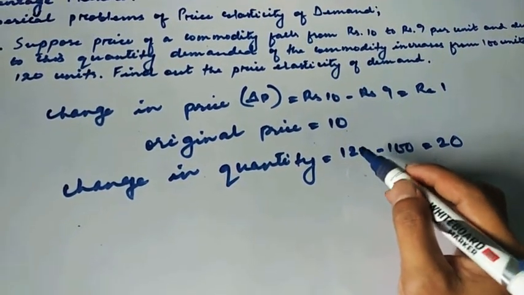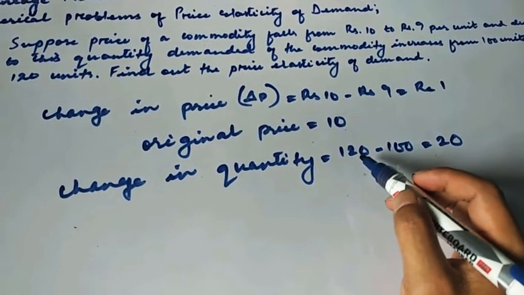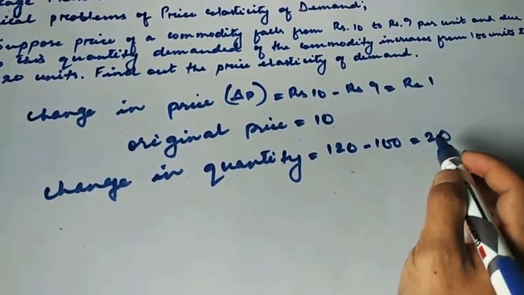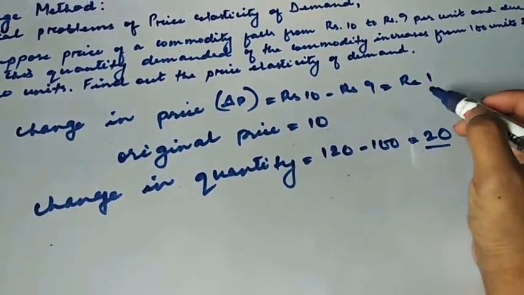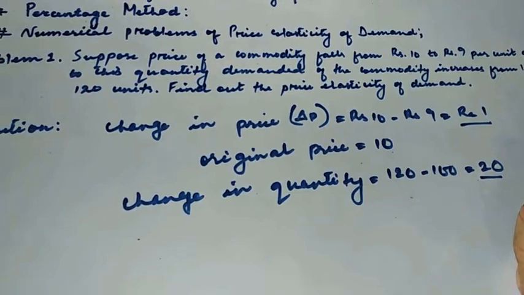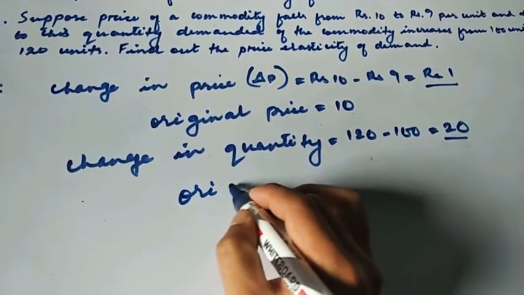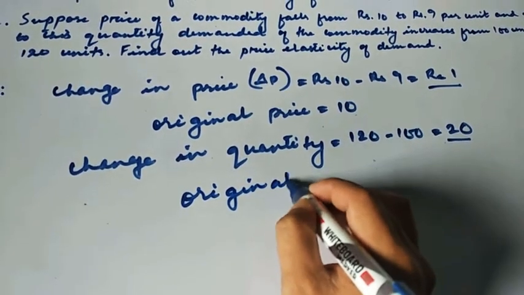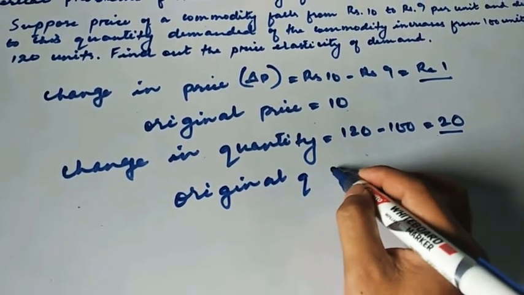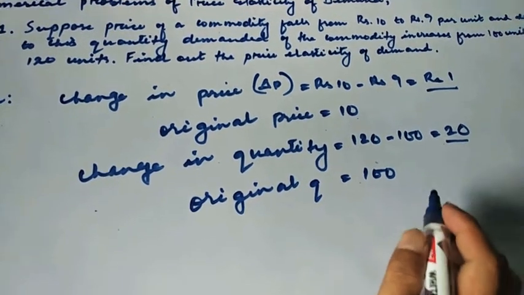So what will be the change in quantity demanded? We divide, or rather subtract, the original quantity from the new quantity, 120 units minus 100 units, and we get 20 units, and rupee 1 is the change in price. What is the original quantity again? The original quantity is 100 units.